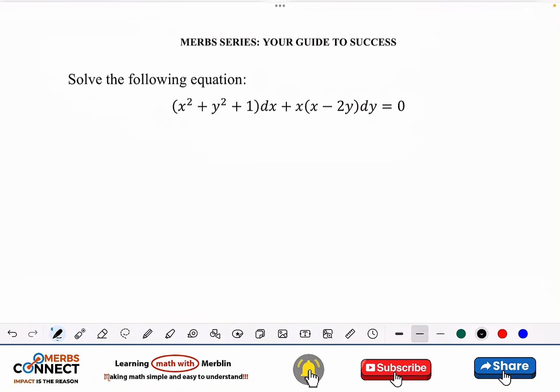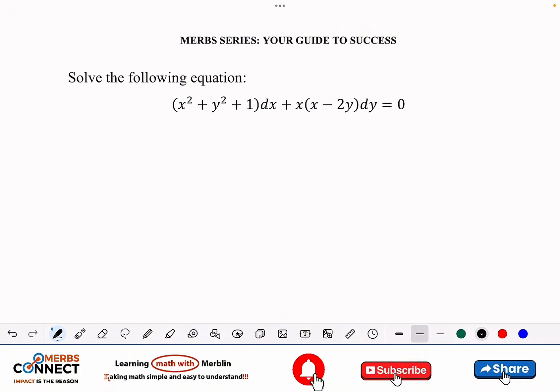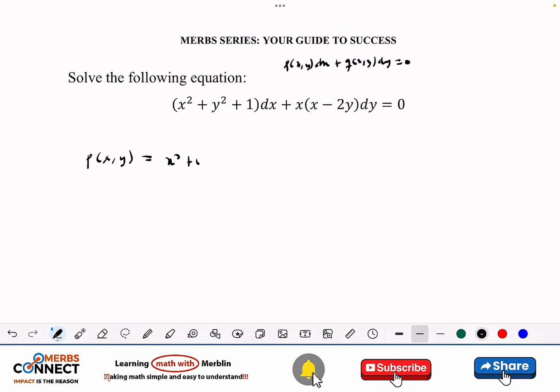So now let's think about exact differential equation. First we pick our p of x y, because the function is already done for us. So p of x y dx plus k of x y dy is equal to 0. So this is x squared plus y squared plus 1, and k of x y is equal to x minus 2y, and this is the same as x squared minus 2xy.